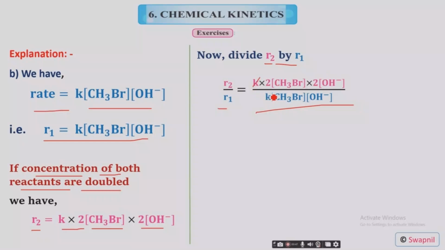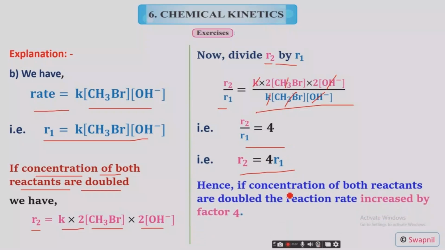Now K cancels, concentration of CH3Br cancels, concentration of OH minus ion cancels, and we get R2 divided by R1 is equal to 4, that is 2 into 2, 4. And by rearranging we get R2 is equal to 4 R1. Therefore, if concentration of both the reactants are doubled, the reaction rate increases by factor 4.